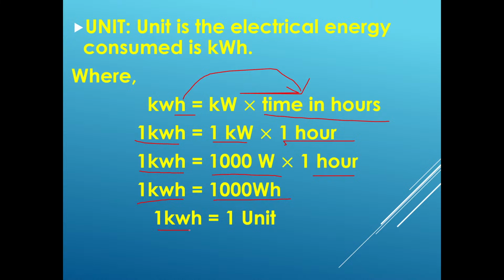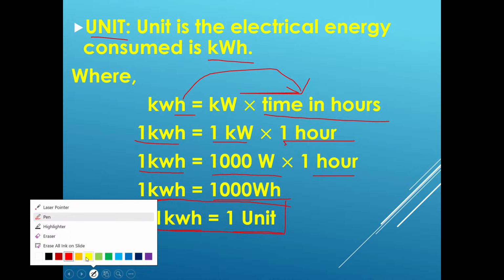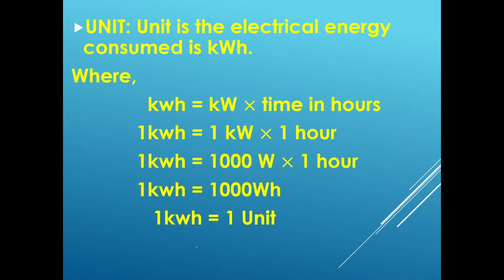And 1 kilowatt hour is nothing but our unit, so 1 kilowatt hour is 1 unit. You can write it down. Note it down in your notes, and if you complete, just mention in the chat box. Just type C so that I will proceed.